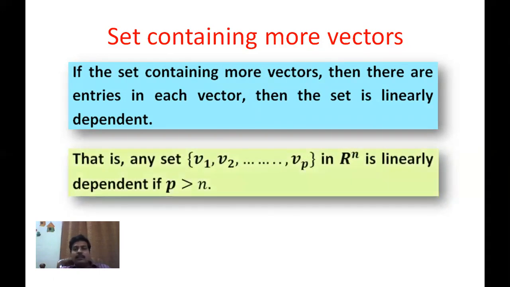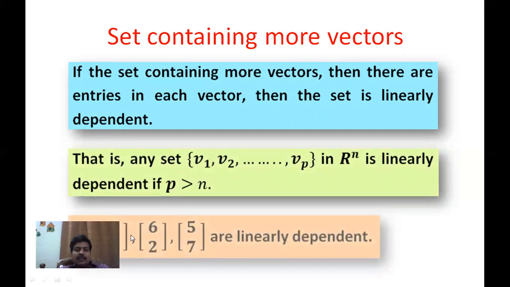That is, any set v1, v2 and so on vp in Rn is linearly dependent if p is greater than n. You know that in Rn there will be n entries. If I take more than n vectors, then the set containing those vectors is linearly dependent.